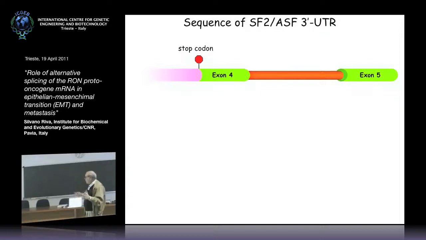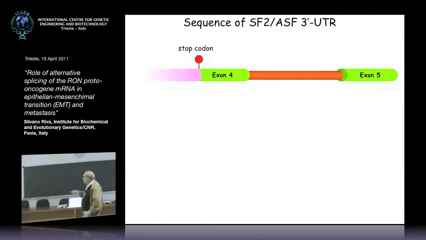And so we ask, well, but what goes on in the 3' UTR? What controls this splicing that controls the homeostasis of SF2? Okay.